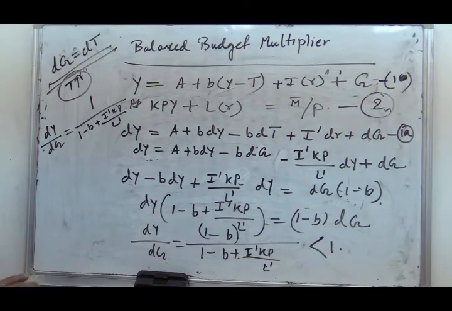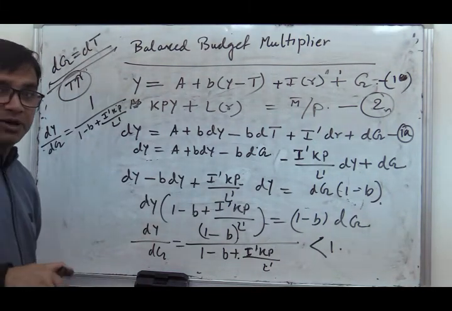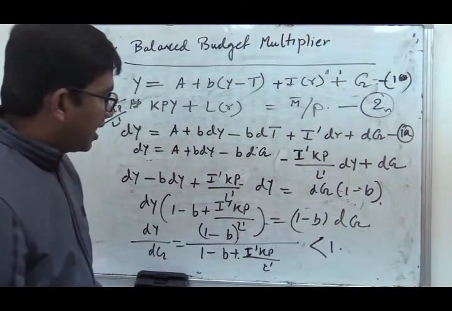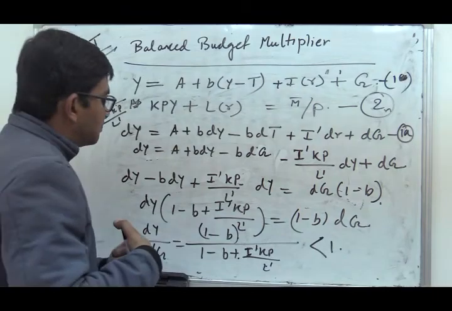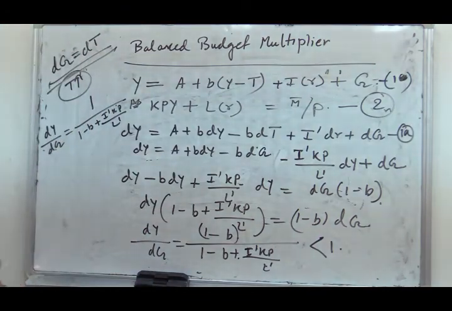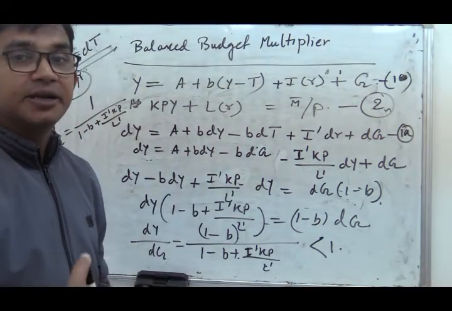So what we see is that the government is increasing the public expenditure, but on the other hand the aggregate demand is weakened by the increase in the tax level.